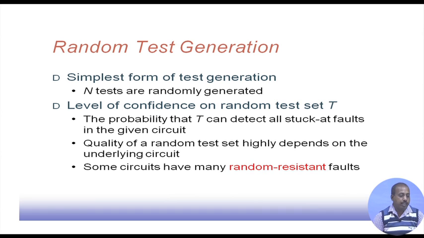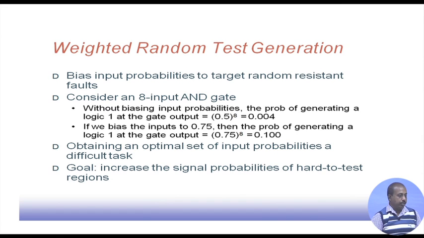Some faults in the circuit are random resistant faults. They require a specific type of pattern to be applied to the circuit for detecting that fault, so the possibility of detecting that fault in a random fashion is difficult. Naturally they are called random resistant faults.